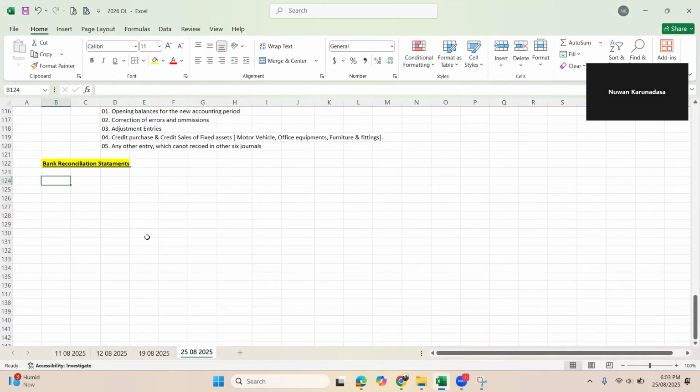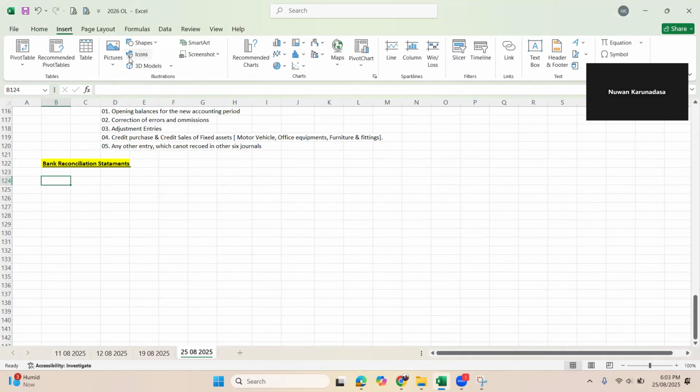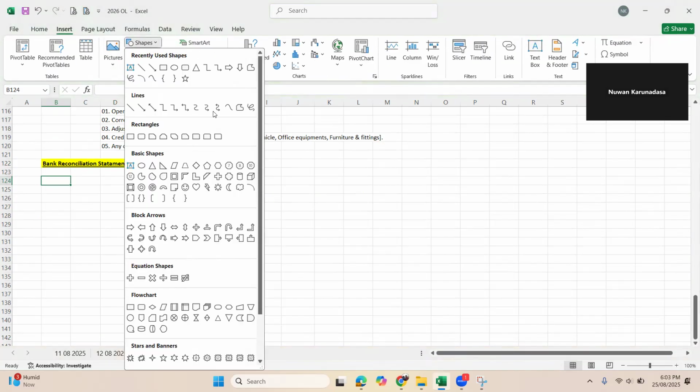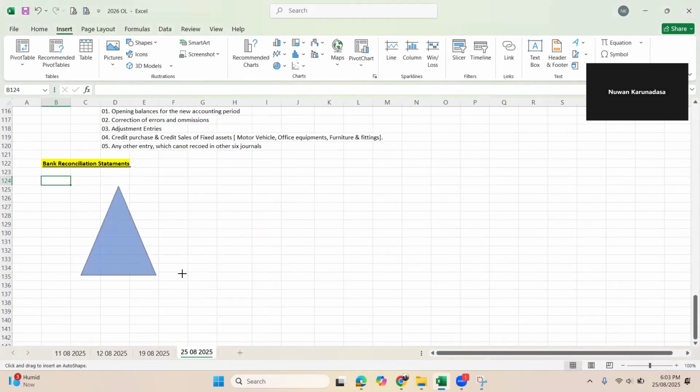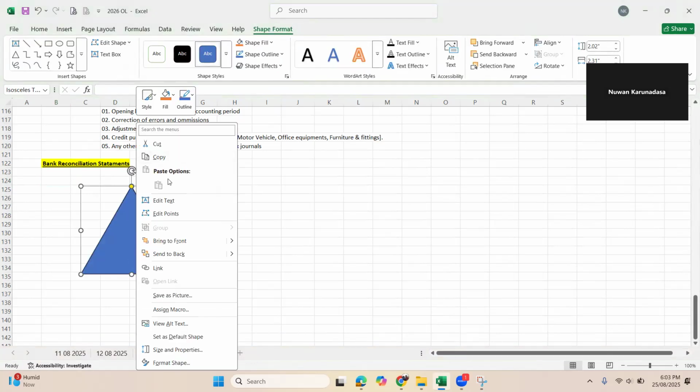Just think that in your accounts you will be maintaining a cash book for the bank transactions you have done. You are maintaining cash book or bank account for the transactions made with the current account, right? This is your business.